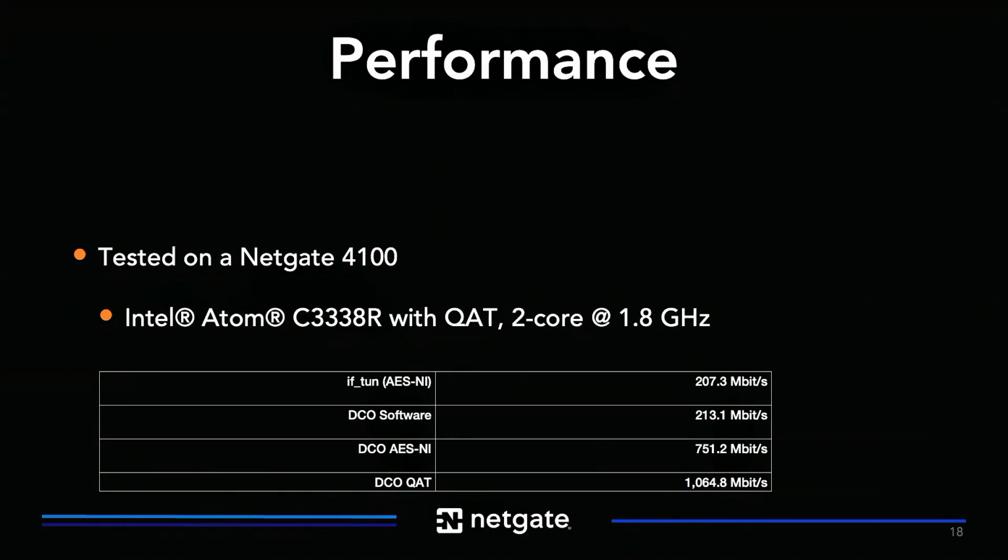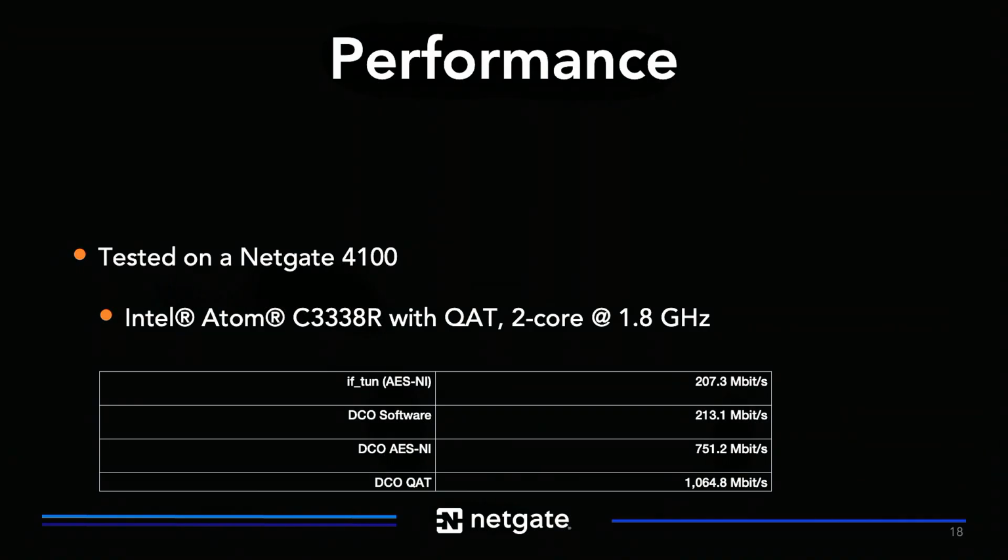If we look at numbers, the original if_tun is the old style, where we do everything in user space. On this particular machine, we see a little bit over 200 megabits doing that. Now, the next thing we compare to is DCO in pure software mode. That is data channel offload, but without using any cryptographic acceleration at all, not even AES-NI.